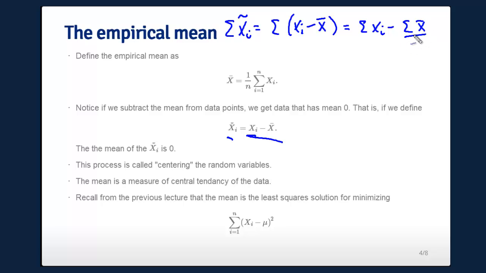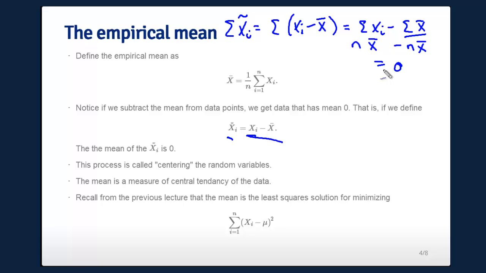But x bar doesn't depend on i, so this is just n x bar because we've added x bar n times. And the other term is just the average, but we haven't divided by n, so this is also n x bar, so that's equal to 0. This process is called centering the random variables.